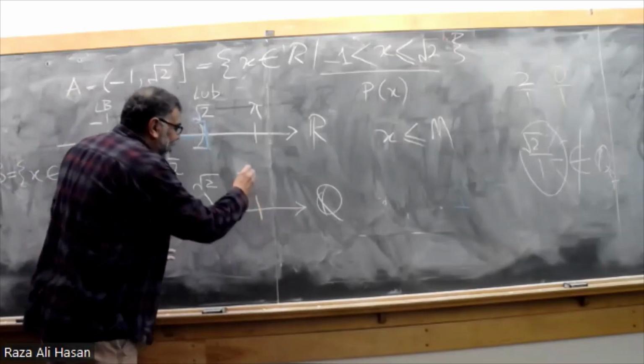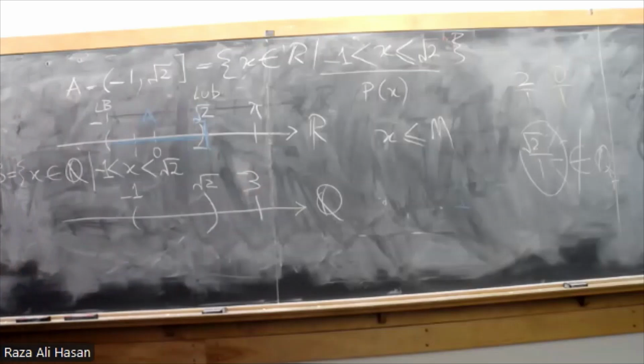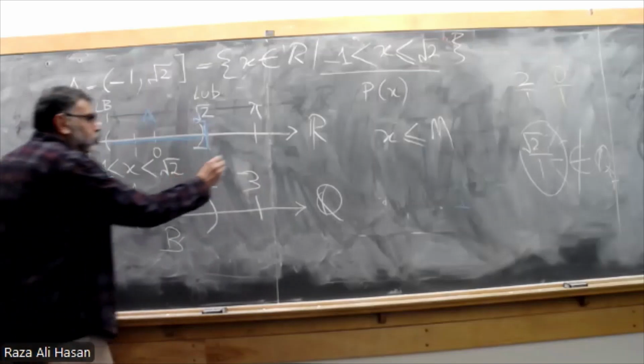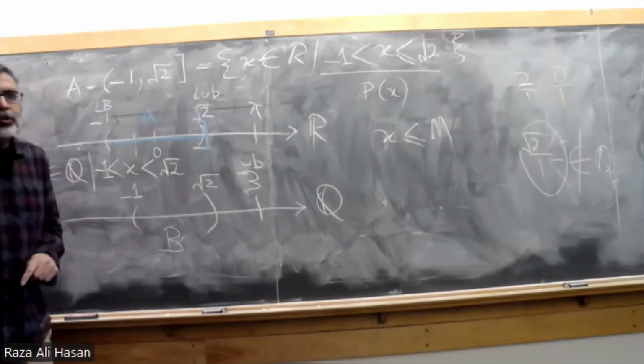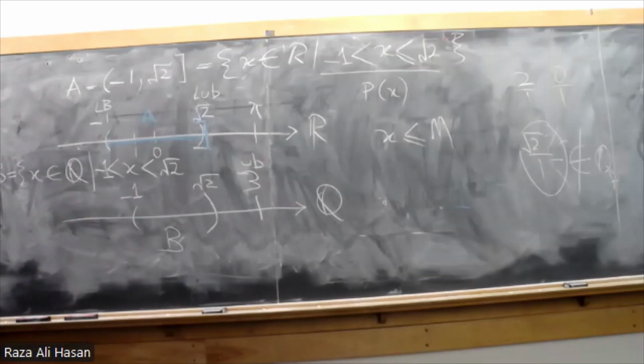All right, is 3 an upper bound of this set B here? Yes. Is 3 a rational number? Yes. Is square root of 2 an upper bound of the set B? No, because square root of 2 is not a rational number.